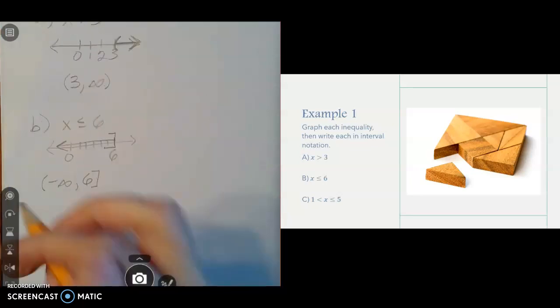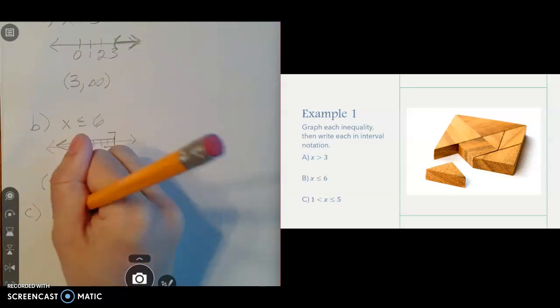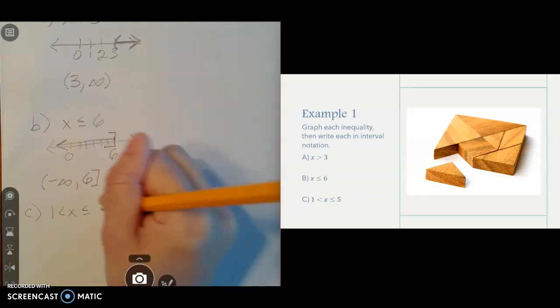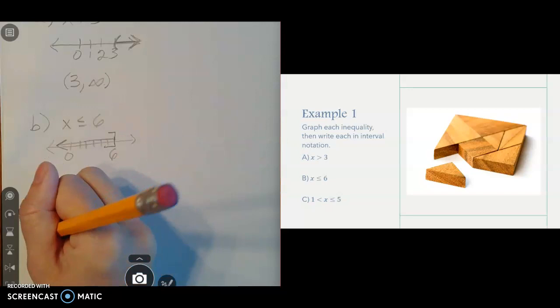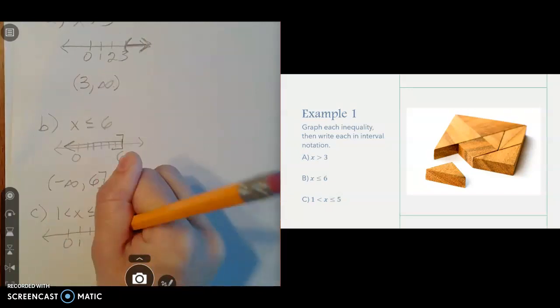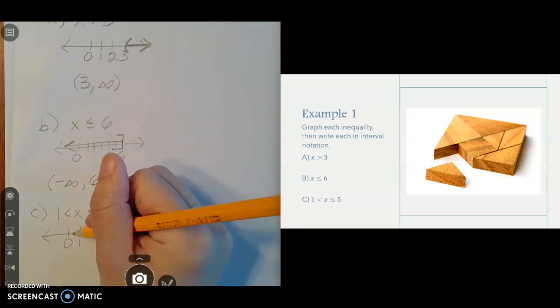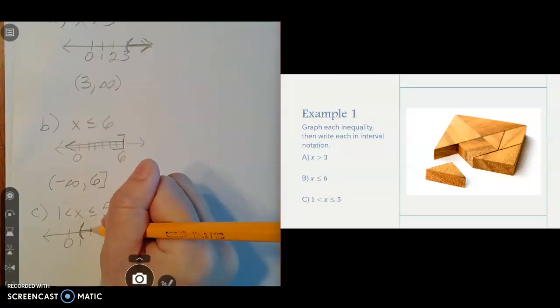Alright, last one I have for you is in part C. 1 is less than x, which is less than or equal to 5. So on my number line, here's 0, here's 1, 2, 3, 4, and there's 5. So what's happening here is x is greater than 1, so that'll be a parenthesis at 1 going to the right.